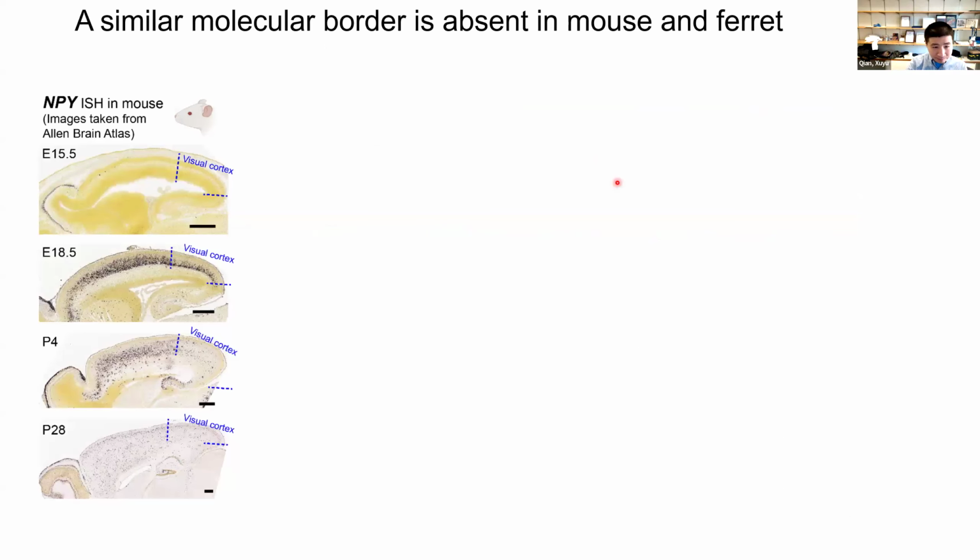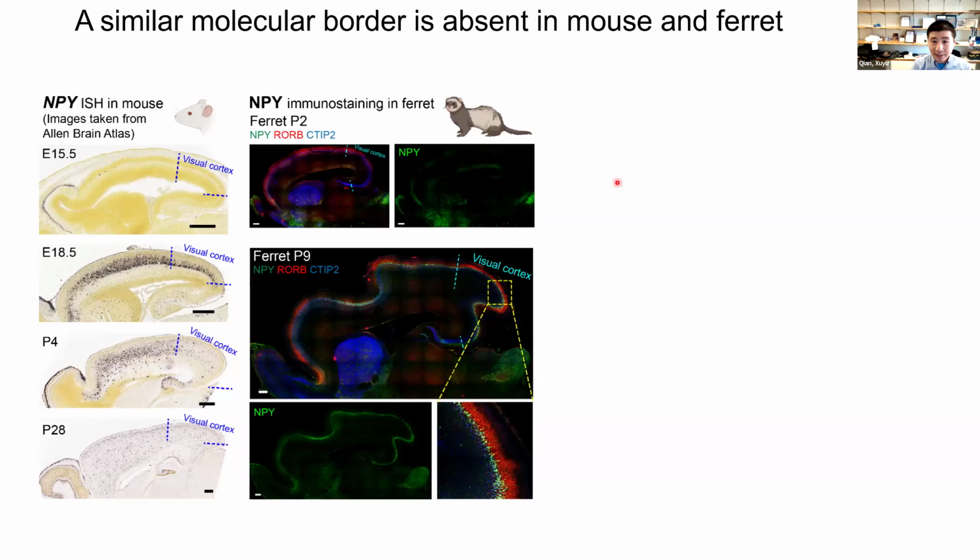Everything I have talked about so far with regard to the V1, V2 border is really surprising, because such sharp border formation is not known in most animal models, such as the mouse. We looked at the mouse data for different developmental stages, and we never see the genes that we use to see the human V1, V2 distinction show a similar pattern in the mouse, nor does it in the ferret.